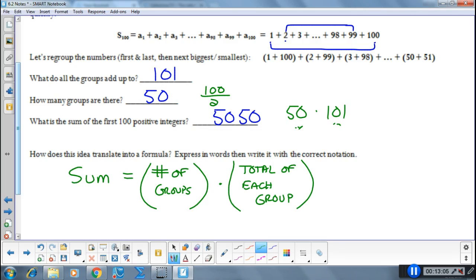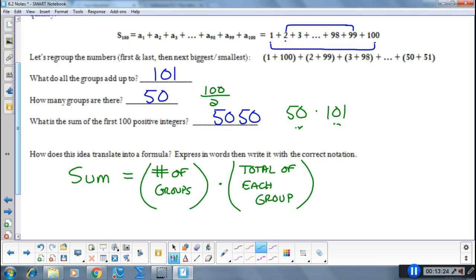But this just so happened to be that there were 100 numbers in this series. So that means that there's 100 terms in this series, right?